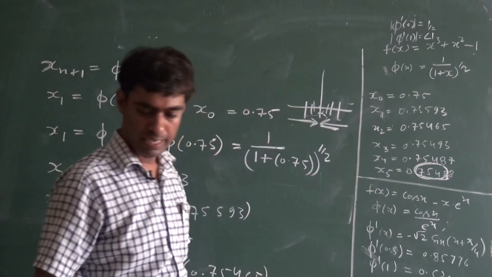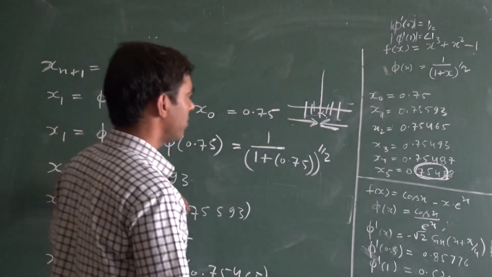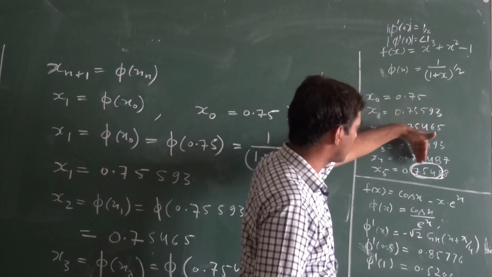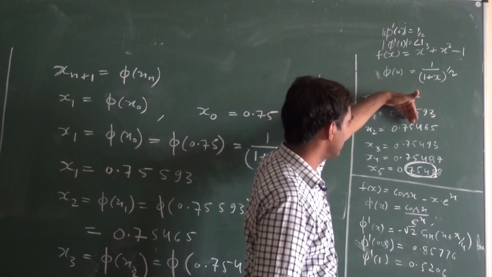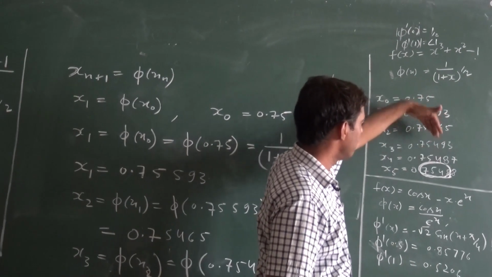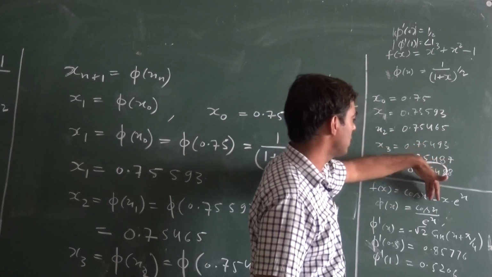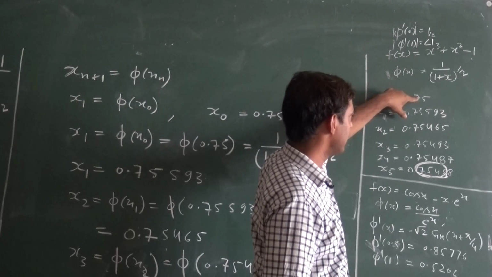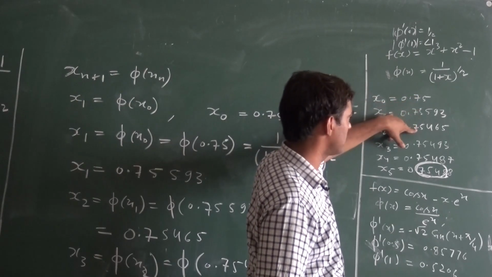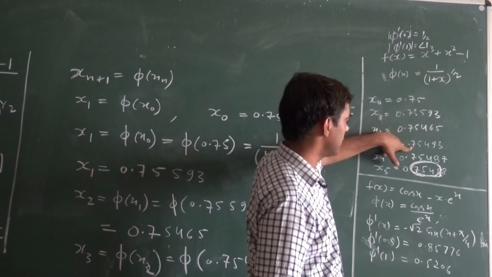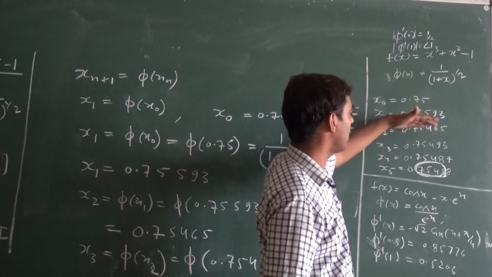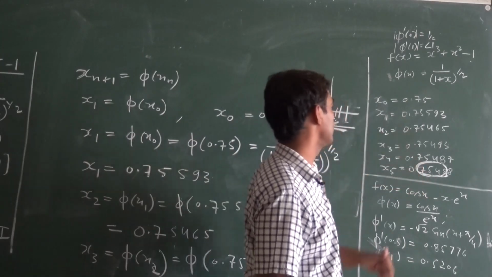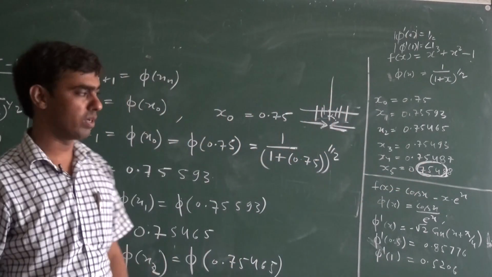And if the numerical result indicates that the value slowly or fastly decreases, approaching our actual root, in decreasing or increasing order, then this is a case of staircase convergence.